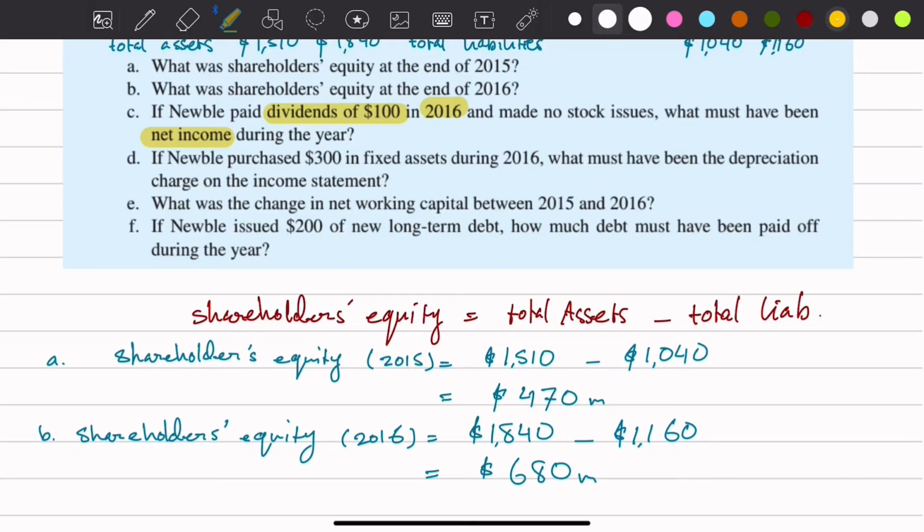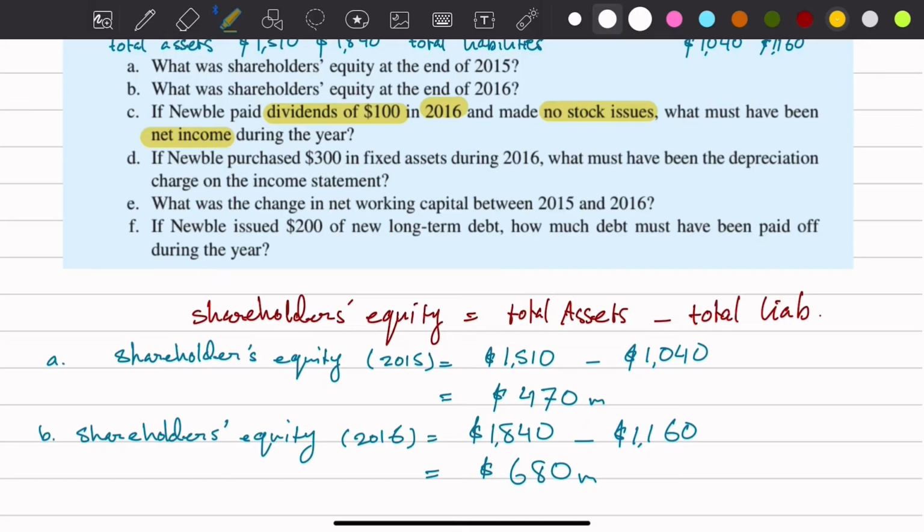Considering that the company has issued no extra stocks, there was no increase in shareholder equity because they sold new stocks. So all the increase that occurred to the shareholders' equity was a result of the company's retained earnings.